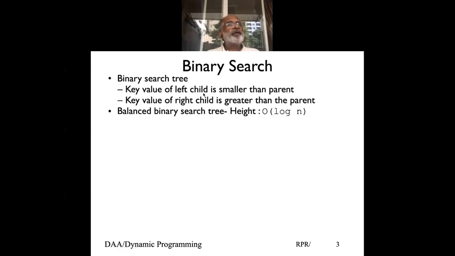That means all the nodes which belong to the left side of a node will be lesser than the node, and all the nodes to the right side of a node will always be greater. And typically, the height of a binary tree would be order log n, assuming it's balanced. If you take a random tree, that's what typically the order would be.